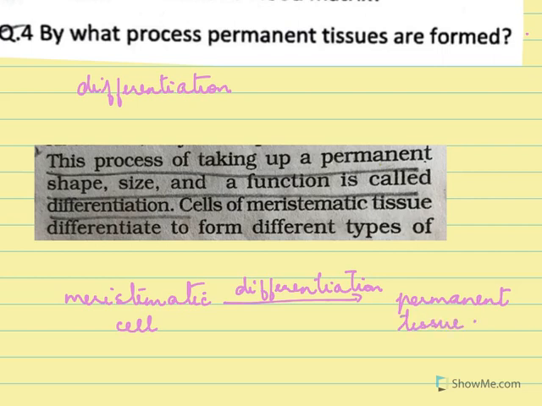Here is from your textbook. The process of taking a permanent shape, size and function is called differentiation.